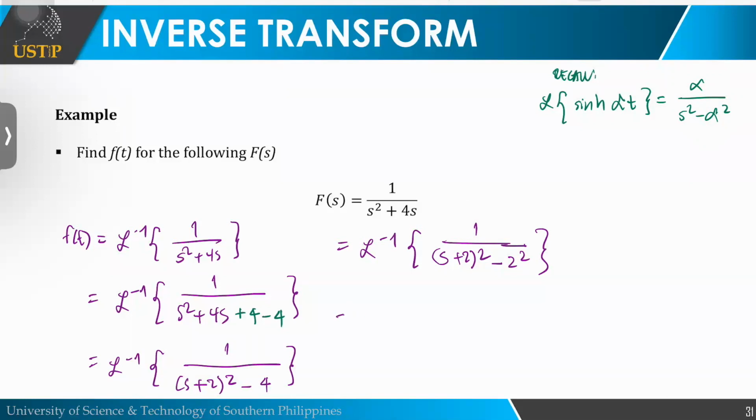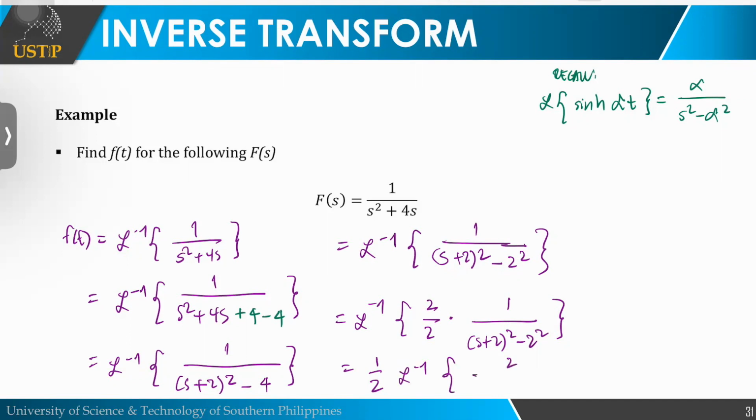So that is the inverse Laplace of 2 over 2 times 1 over s plus 2 squared minus 2 squared. We take out the 1/2, inverse Laplace transform of 2 over s plus 2 squared minus 2 squared.